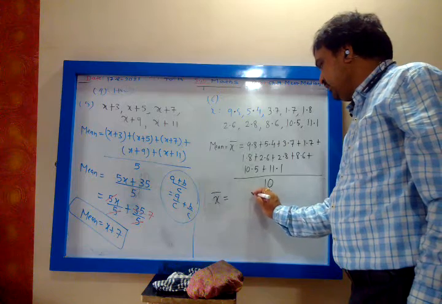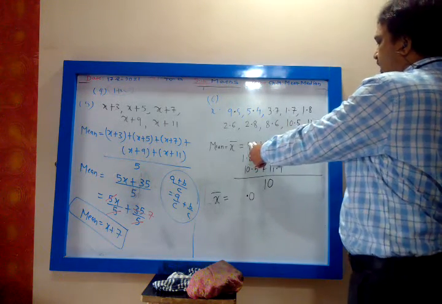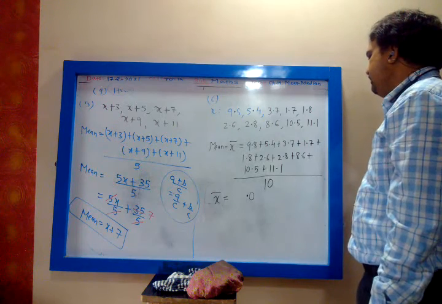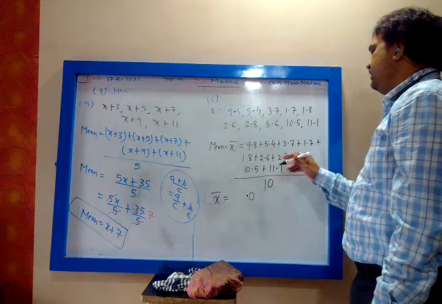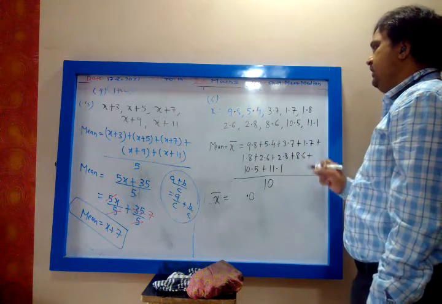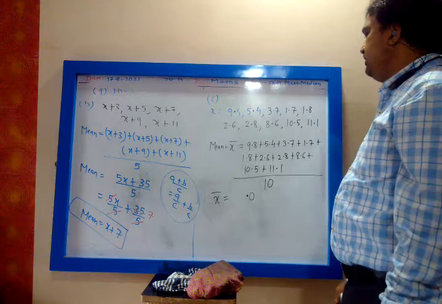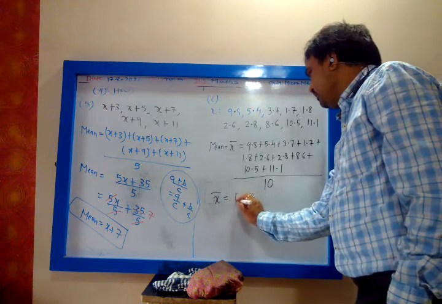Then 0, and 6 is carried. 9 plus 6, 15 plus 5, 20 plus 3, 23 plus 1, 24, plus 1, 25, plus 2, 27 plus 2, 29 plus 8, 37 plus 10, 47, 47 plus 11 is 58.